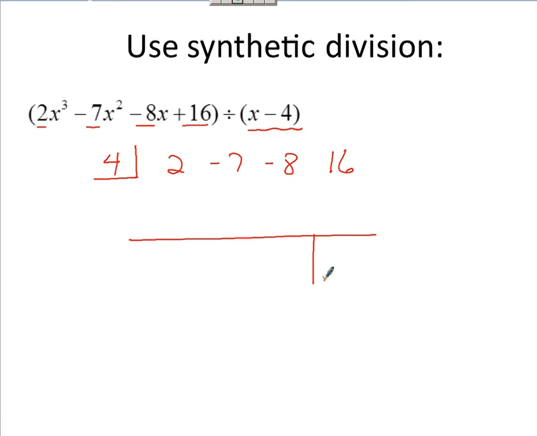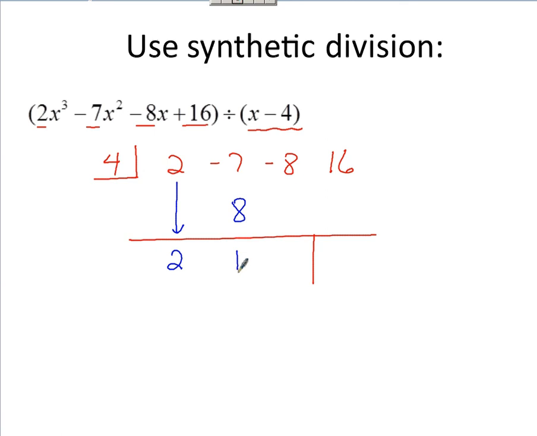But here's how synthetic division works. We start by taking this first coefficient of 2 and bringing it down. It goes underneath the line. Take that 2, multiply back to the number in the box, so get 8, right? That 8 goes in the next column. Now, add through -7 and 8. Get +1.